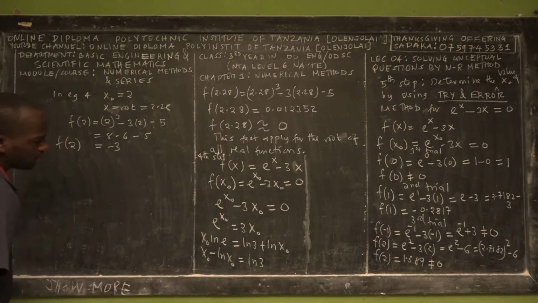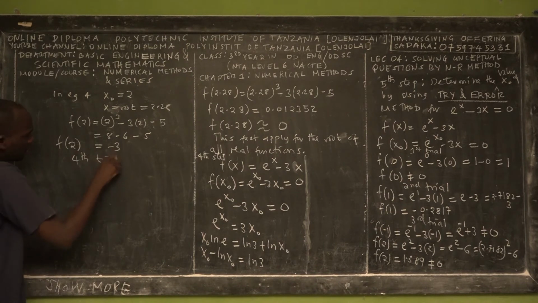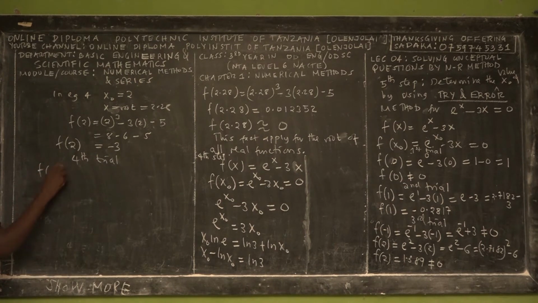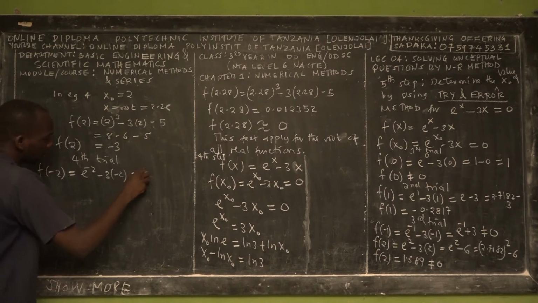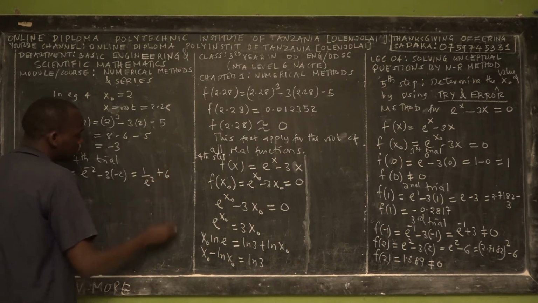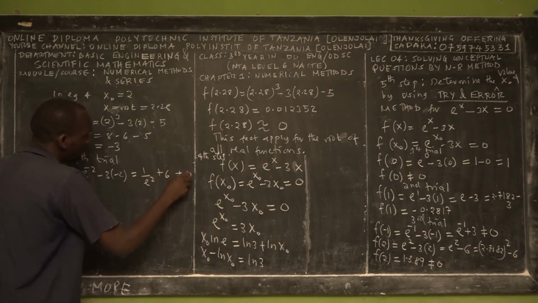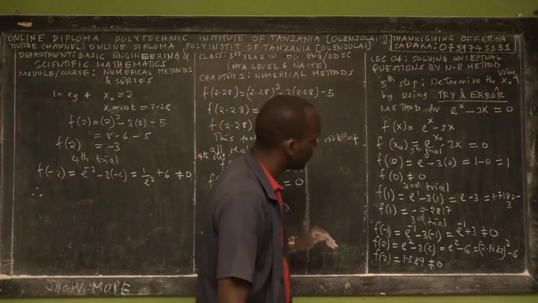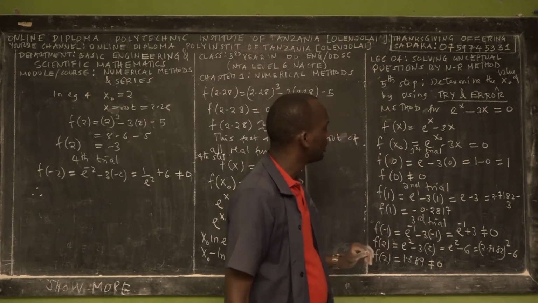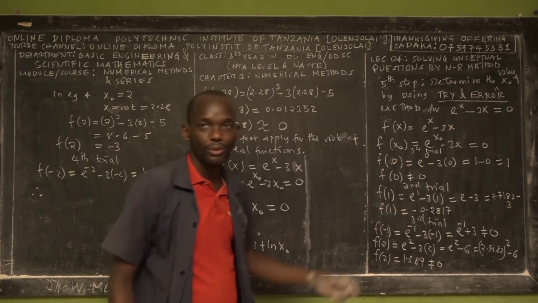So let us do the trial, which will be the first trial. First trial, try f of negative 2. So it is e power negative 2 minus 3 times negative 2. This will make your e power negative 2, which is 1 over e square plus 6. This one, no need to evaluate, it's not equal to 0. Therefore, from the first trial, second trial, the closest value to 0 is f of 1.